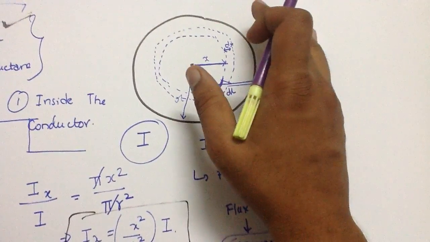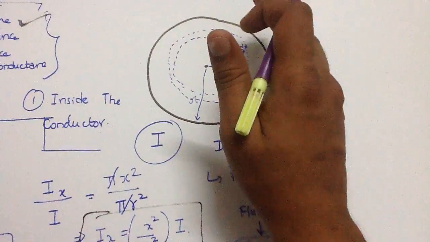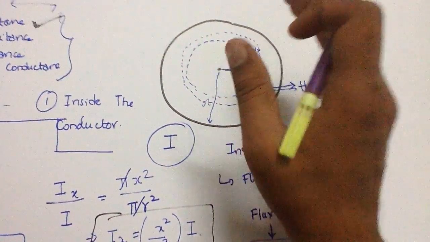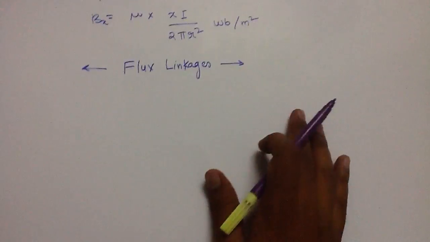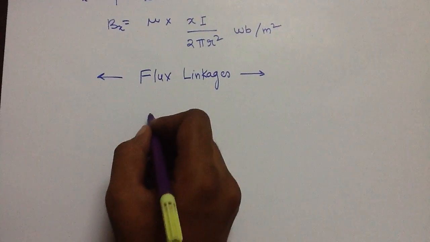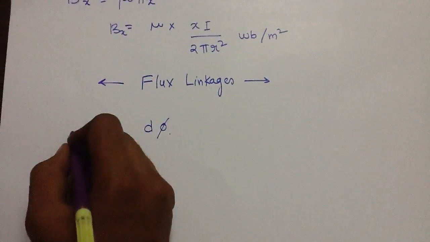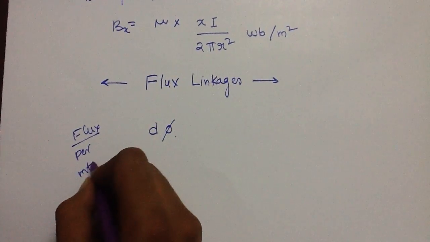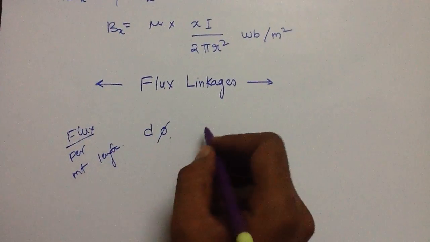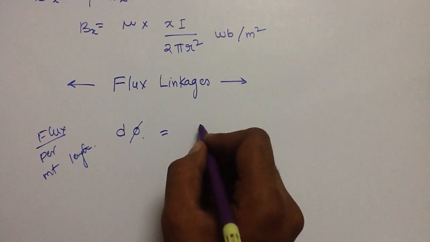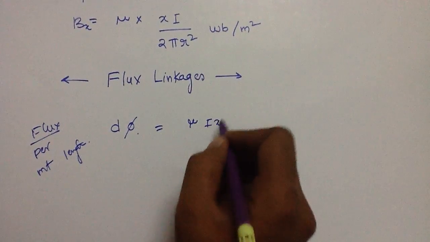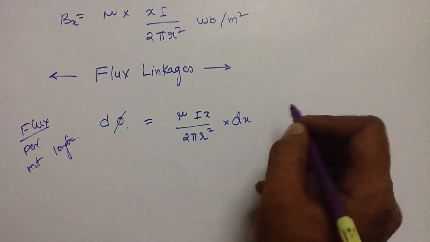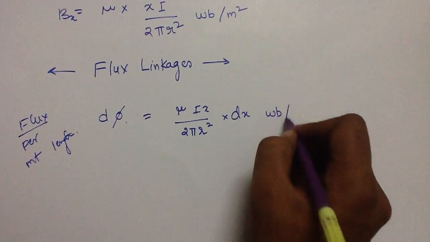So if I want the flux per meter length, it goes like this: d phi is equal to mu Ix by 2 pi r square into dx Weber per meter.